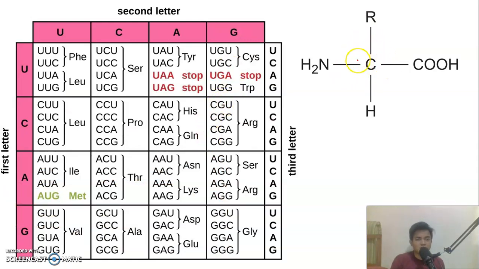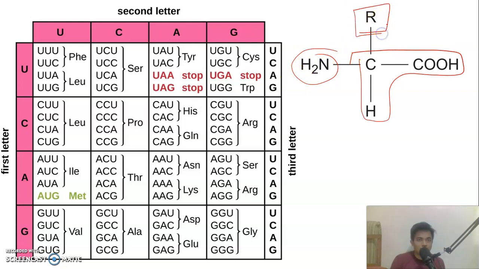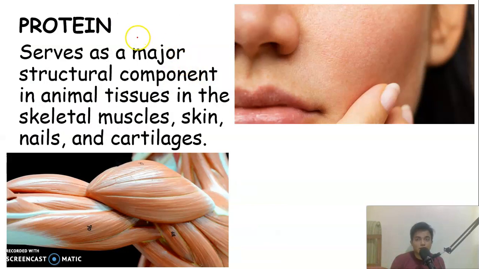The general structure of your protein looks like this, and then you add here an NH2 structure, and this R can be any type of molecule combined with it. From what we discussed, transcription and translation will be the development of your polypeptide chain. So to create protein, you're going to need amino acid.